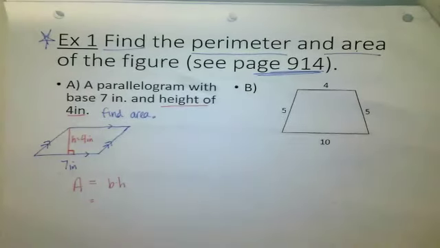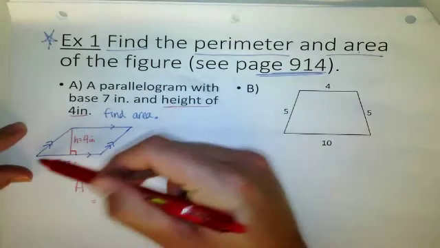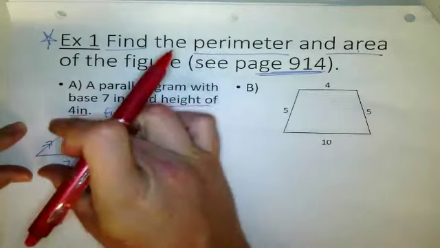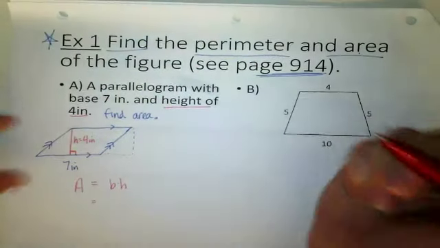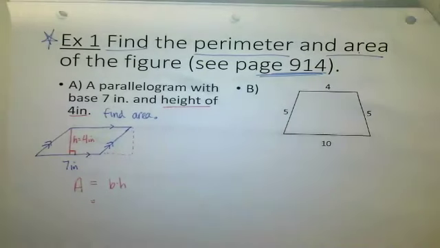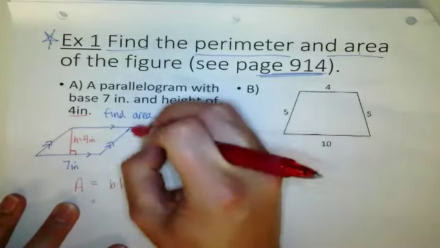This is like ACT 101 right here. It's on the ACT that you have to know all these formulas. You can imagine if I were to take this triangle off and just slide it over here, it would fill in this space, and really all it does is morph into a rectangle. And that's why the formula is the same, okay? As long as we have a perpendicular height.